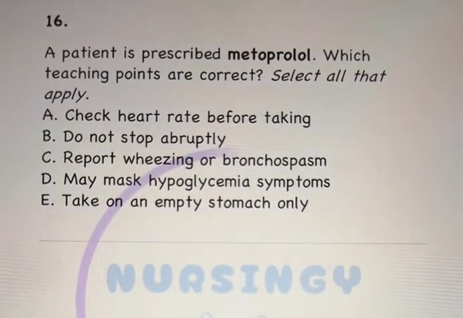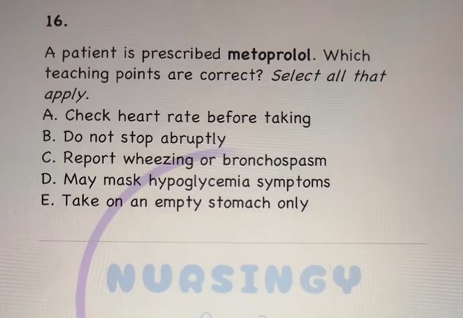Question 16. So we got metoprolol now. A patient is prescribed metoprolol. Which teaching points are correct? Select all that apply. Check heart rate before taking. What kind of medication is metoprolol? Beta blockers.